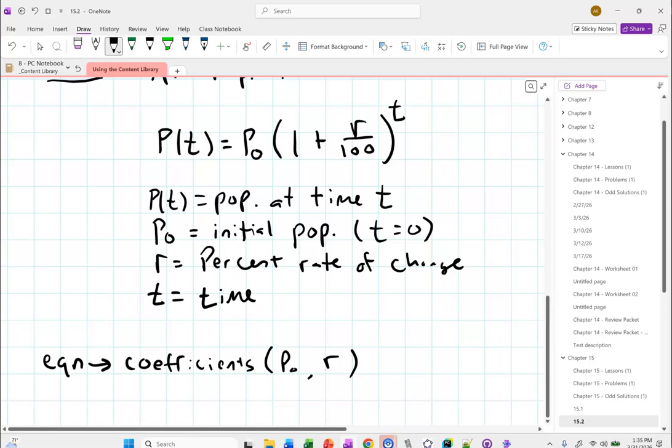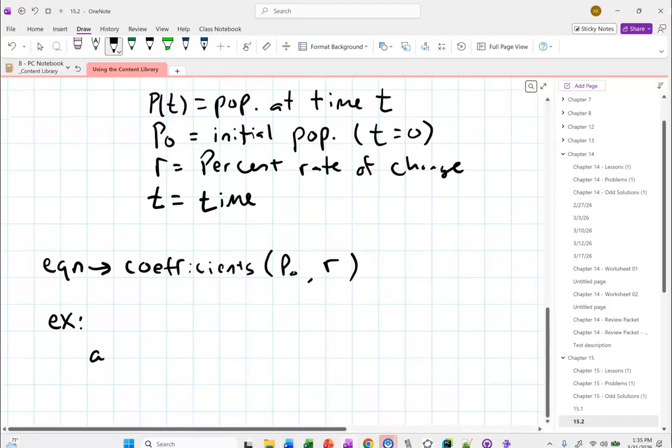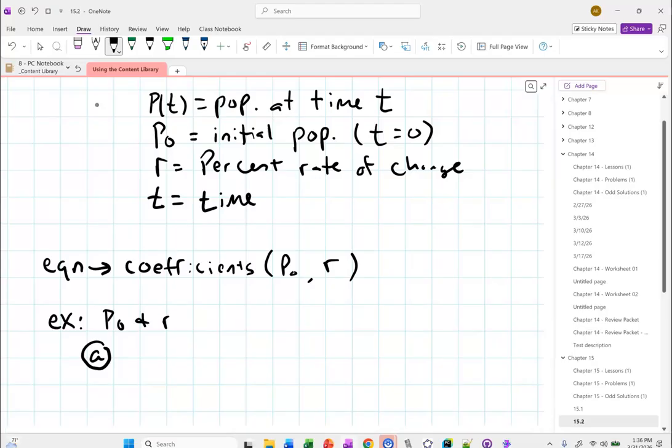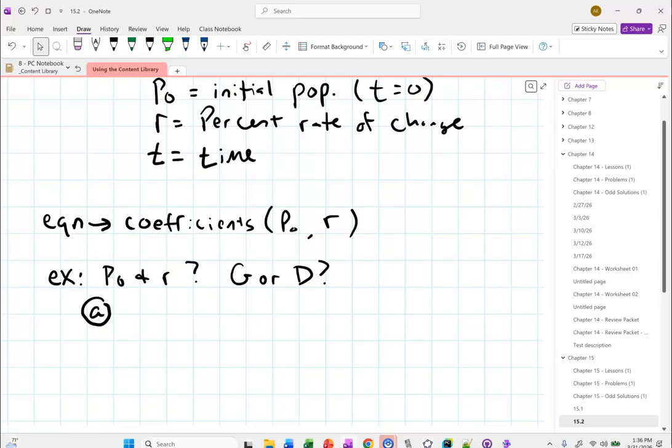Everybody's okay? So let's look at an example. We're going to be asking, what are the values for P naught and R? And then is this going to be population growth, or is this going to be exponential growth or decay?